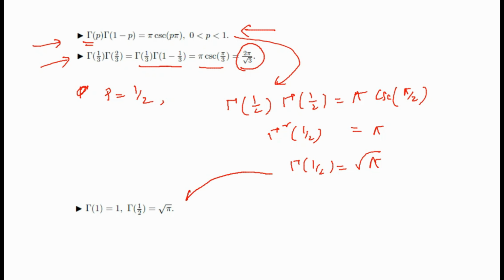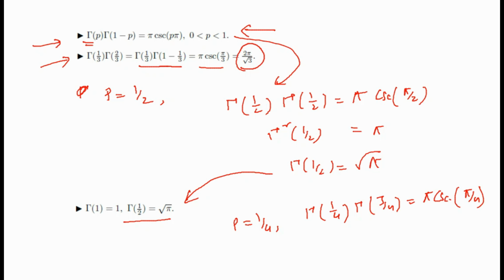This is the result. If you put p equal to 1 by 4 here, then you get gamma 1 by 4 into gamma 3 by 4 equal to pi cosec pi by 4. So like this you can compute these values.